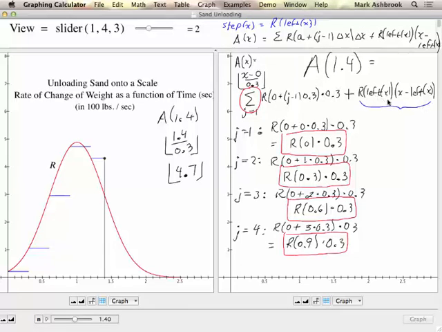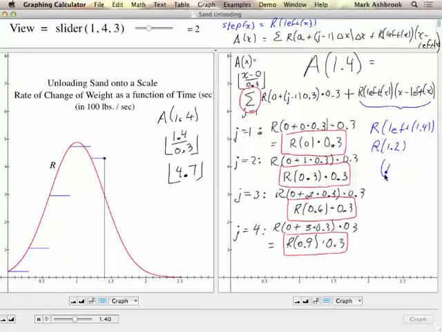Now we have this last little part. So r of left of x is going to be r of left of 1.4. We're plugging 1.4 into the function. What is left of 1.4? 1.2. So it's going to be r of 1.2. And that's the rate of change. R of 1.2 is the rate of change in this last partial interval, or you could say the fifth little step, but it's smaller, right? And how big is that step?